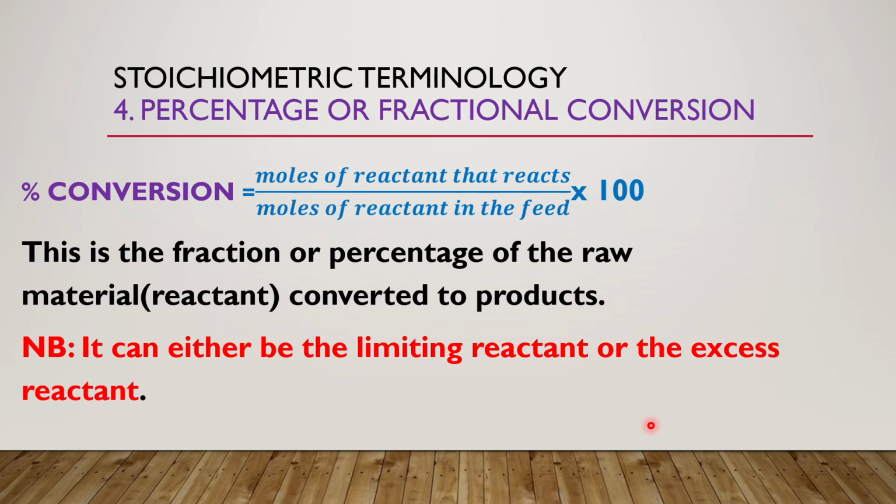And then fourthly, you've got the conversion. It can be a percentage or in fractional form. It's the fraction of the raw material that is converted to product. That is the percentage conversion.